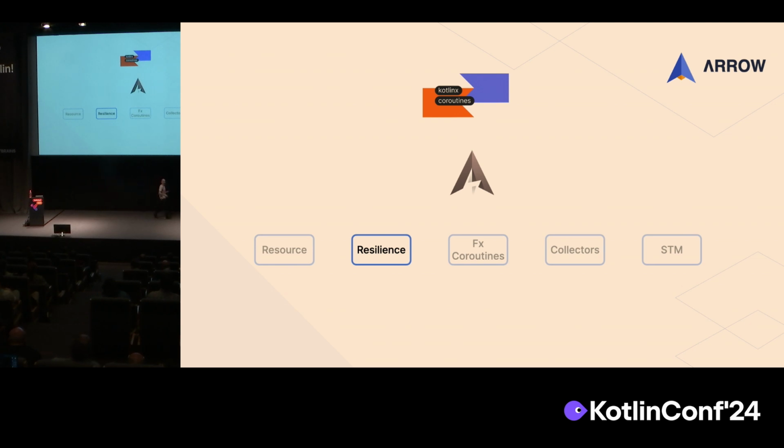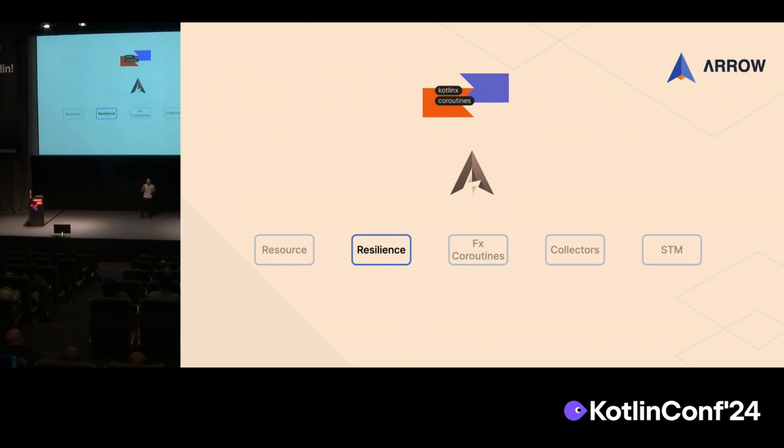It also has a collectors API for building powerful, complex data pipeline transformations on top of Kotlin coroutines. There's also a software transactional memory module that you can use to replace atomics in an imperative DSL to prevent deadlocks, but that's probably an entire talk on its own.